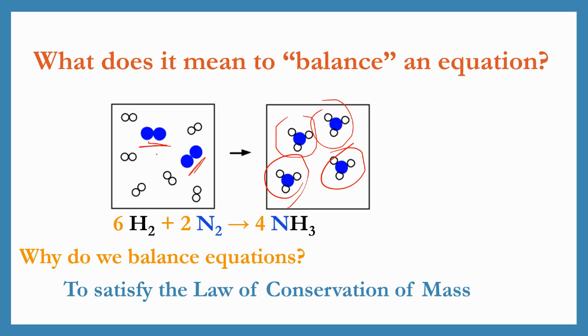You couldn't have three as a reactant and end up with four. You need to have the same number. And the same is true with these white ones. If you have 12 white ones on the left side, you need 12 white ones on the right side. So that's why we balance equations. It's basically because of Antoine Lavoisier. We're trying to satisfy the law of conservation of mass. What's on the reactant side has to equal what's on the product side.